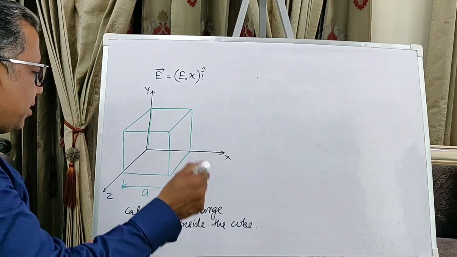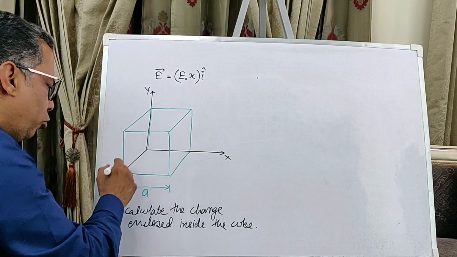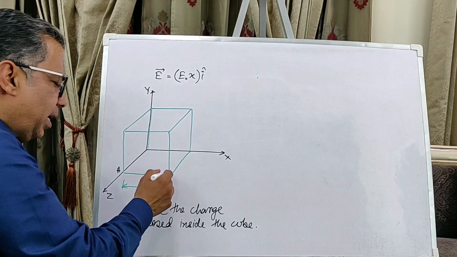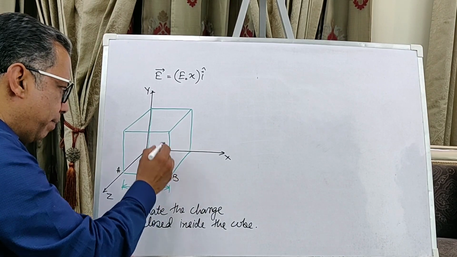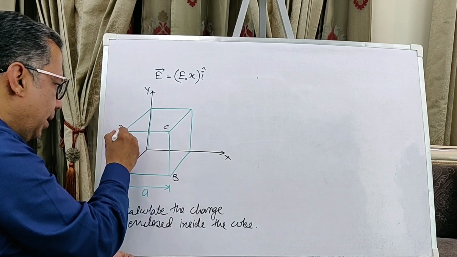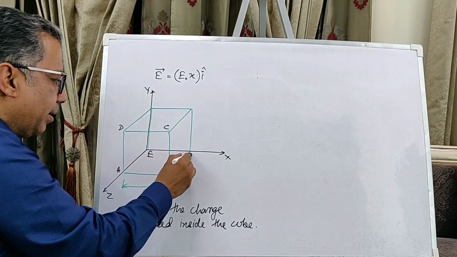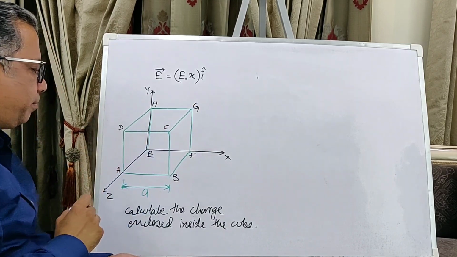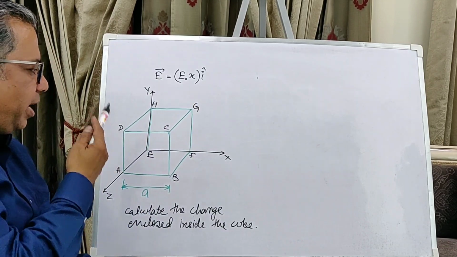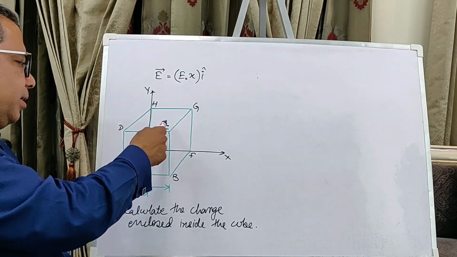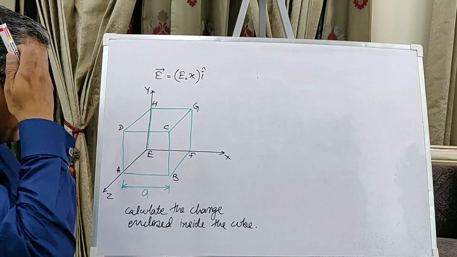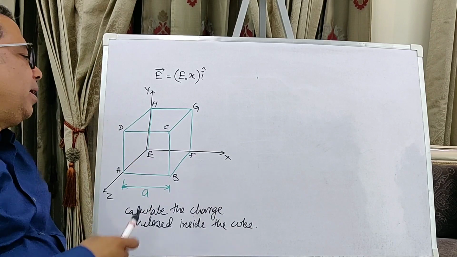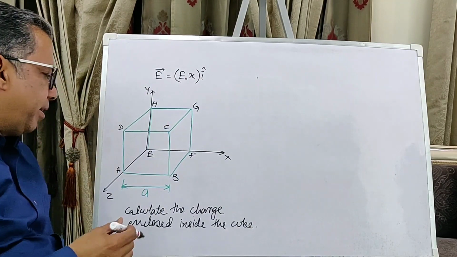Let's make calculations. Let's name these surfaces of the cube. So for that we'll be naming the vertices A, B, C, D, and we have E, F, G, H. So we have this cube, and these are the corners of the cube that I have named A, B, C, D, E, F, G, H, and this is the electric field here.